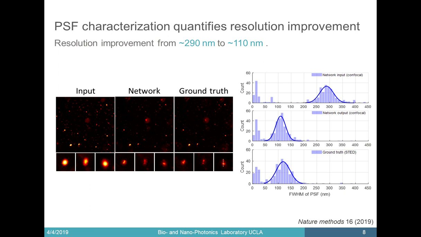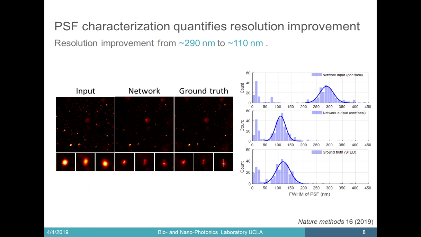As a commonly used method to quantify the resolution in super-resolution microscopy, we characterize the point spread functions. Here we selected more than 400 individual nanoparticles at the same locations in confocal, STED, and network inferred images. We fit the individual nanoparticles with Gaussian profiles and calculated their full-width half maximum distributions.